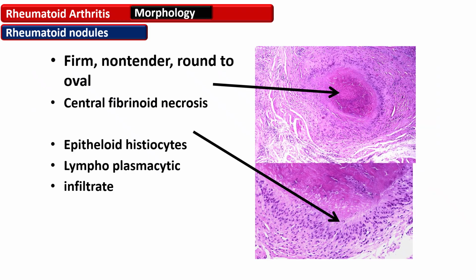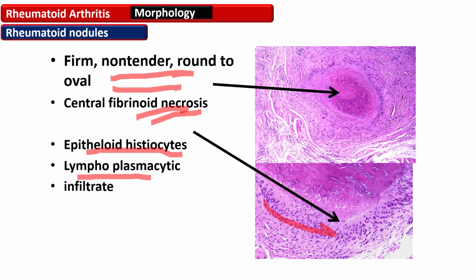This is a high power view of a rheumatoid nodule, showing a firm round to oval nodule with central fibrinoid necrosis in the upper picture, while here there is a high power view showing epithelioid histiocytes and lymphoplasmacytic infiltrate within this area.